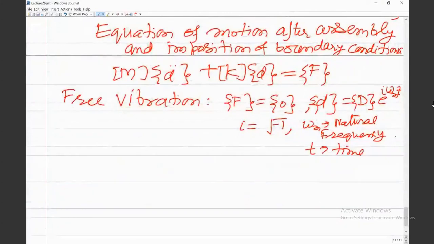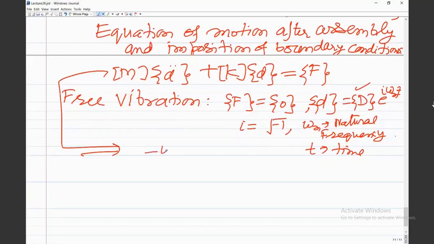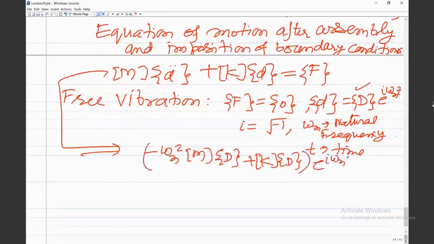So when you make use of this assumption, d double dot is going to be minus omega n square into d e to the power i omega n t. So you can write this equation as minus omega n square m into d plus k into d, and this whole thing into e to the power i omega n t is equal to the null vector.